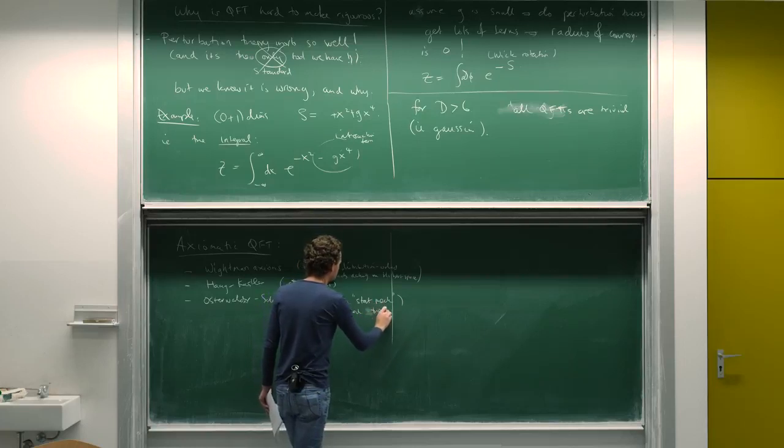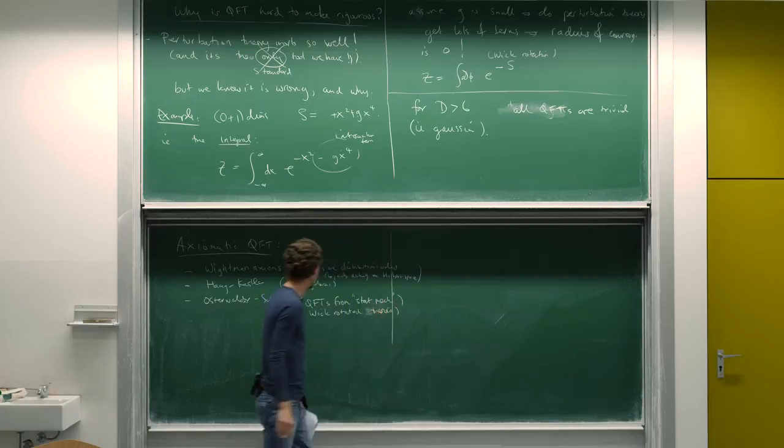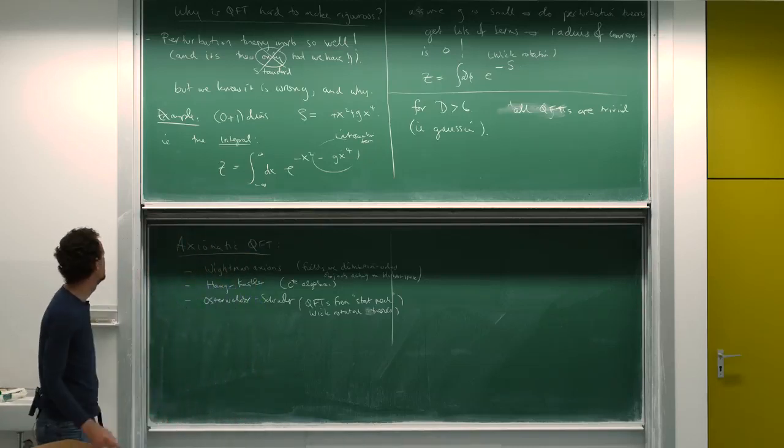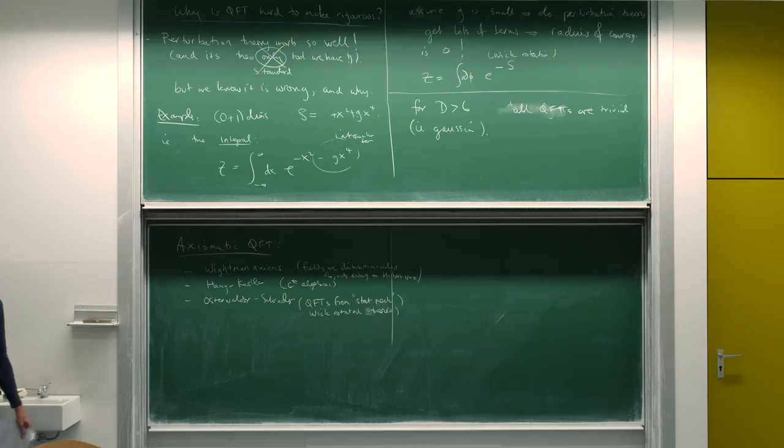Another way of saying that is, if you have a statistical mechanical theory, where does that give rise to a quantum field theory? So these are the 3 axiom systems adopted in the early years to try and make sense of quantum field theory: Wightman, Haag-Kastler, and Osterwalder-Schrader.